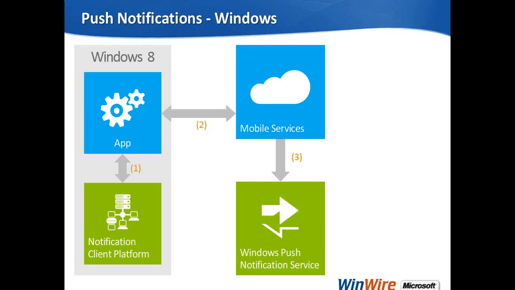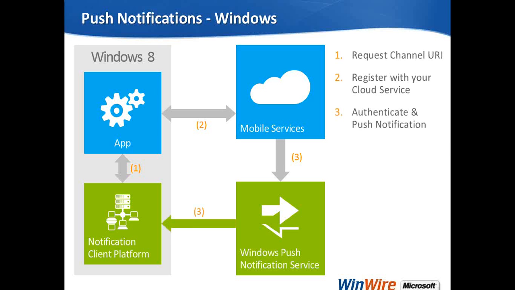And then you can use the push.wns namespace to accomplish this task. So first thing is requesting a channel URI, registering this channel URI with the cloud service, then authenticating, getting the token, and sending the push notification.